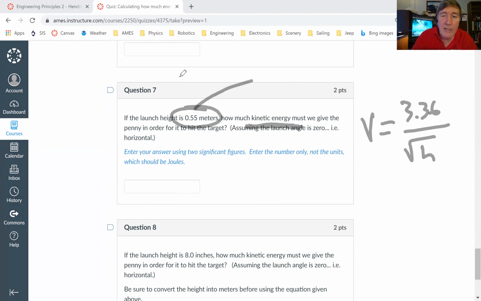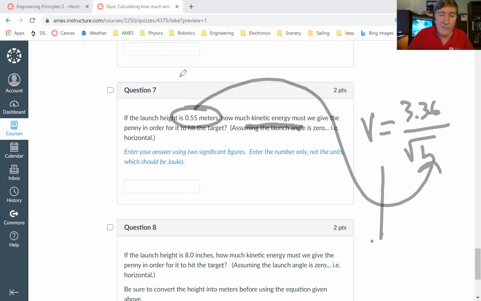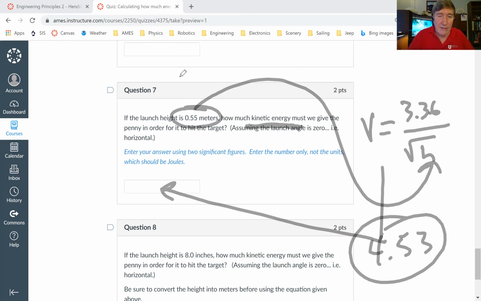You took this number and plugged it in for h, and you got a velocity. And what number did you get? Let's see, 3.36 divided by the square root of 0.55. The answer that you got was 4.53 something. This was the number that you put in the box here. Do you see the problem? This is the velocity. That's not what I asked for. I asked for kinetic energy.